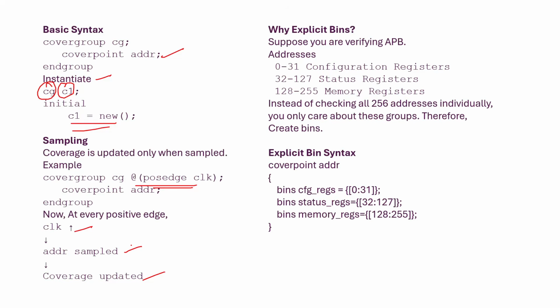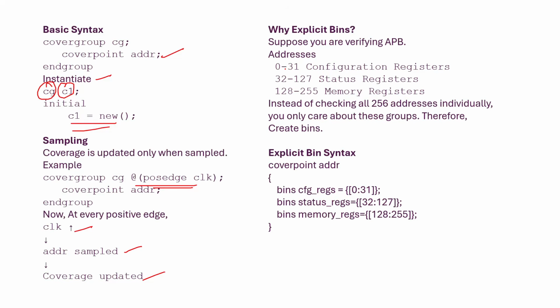So then next, in that bins we are writing, right? Here are explicit bins, and the explicit bins syntax we are writing. Bins are nothing but values. Bins in functional coverage are coverage buckets. Bins store some values.